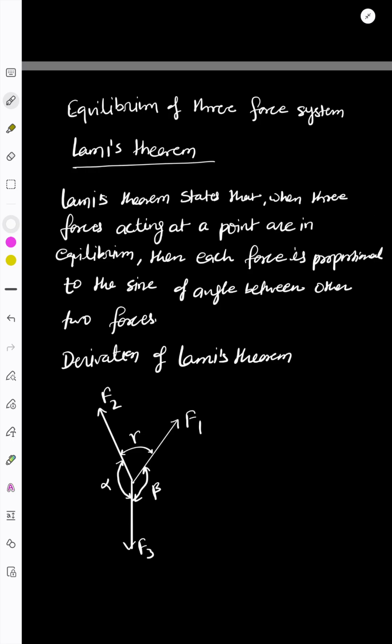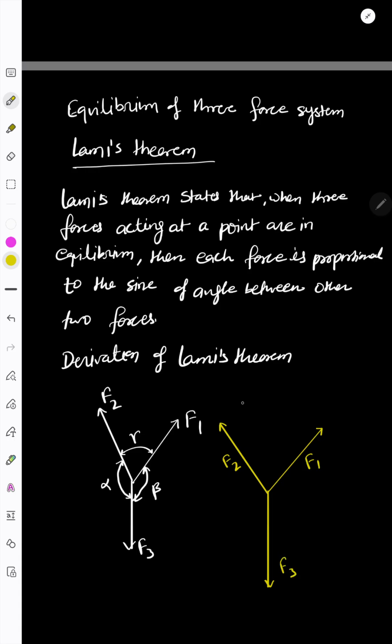Then how to prove it? Let us first clarify the angles between these three. For this we will try to make one parallelogram using the same forces. These are the forces, F1, F2 and F3.